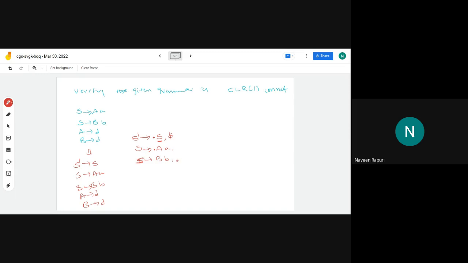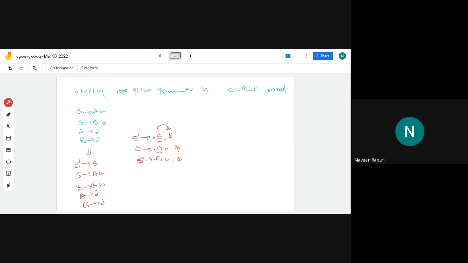Now we need to write the look ahead symbol for these two. After S, what are we having? Only dollar. So first of dollar means dollar, sir. For that purpose, S derives dot Aa, comma dollar. S derives dot Bb, comma dollar.